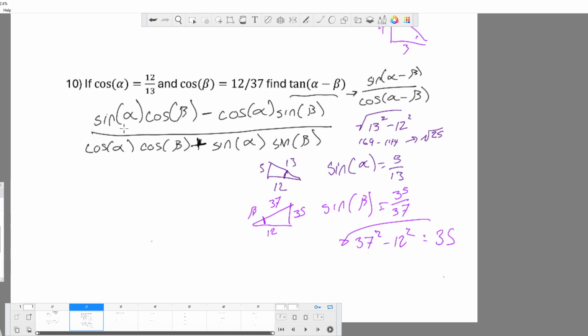So we've got sine of alpha, and then we've got cosine of beta, which was given, minus cosine of alpha, which was given, times sine of beta, which we had to figure out.